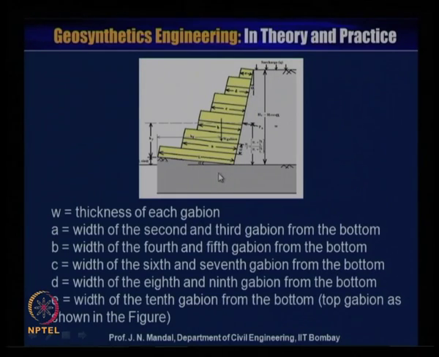Each gabion has a thickness, and A is the width of the second and the third gabion, and B is the width of the fourth and fifth gabion from the bottom, and C is the width of the 6th and 7th from the bottom, and D is the width of the 8th and 9th gabion from the bottom, and E is the width of the 10th gabion from the bottom.